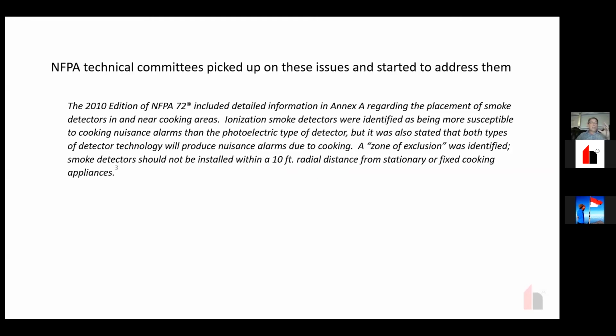So they recognized there was a problem with unwanted alarms due to cooking. Smoke detectors were being installed too close to cooking appliances. Perhaps they were using ionization type detectors where photoelectric would have been more suitable for that application. So in 2010, after all this discussion, they started trying to work in some comments to the code to start to address these things.